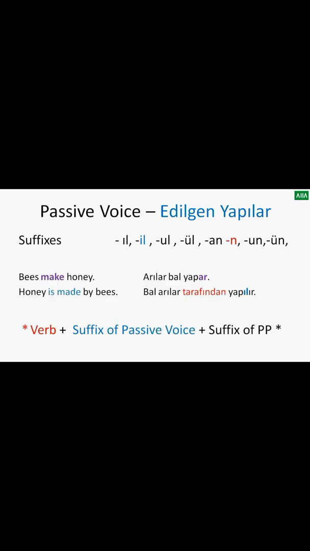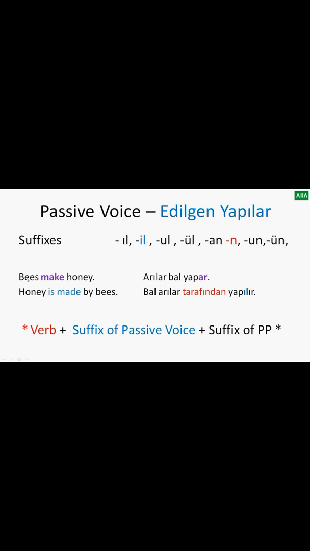All right. So before I finalize my lesson, I would like to summarize what we can do today. Actually, we learned suffix of passive voice in Turkish, as you see here, ıl, il, ul, ül, ın, in, un, ün. So, example, bees make honey, arılar bal yapar. This is the active voice.